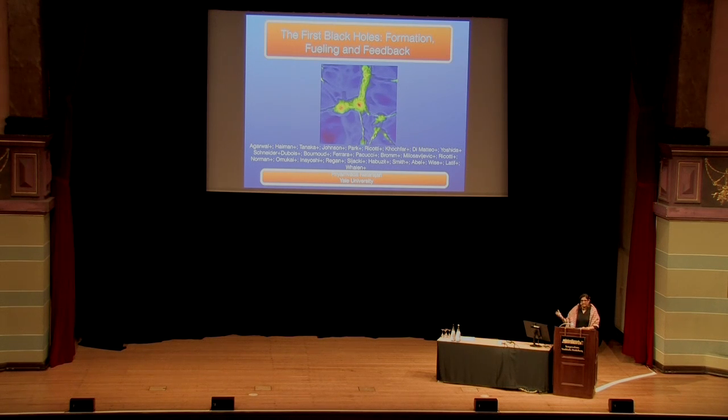And so any physical model for the formation of the first black holes has to tie in. We are looking for observational signatures at extremely high redshifts, but they also have to tie in with what we already see of growing black holes.